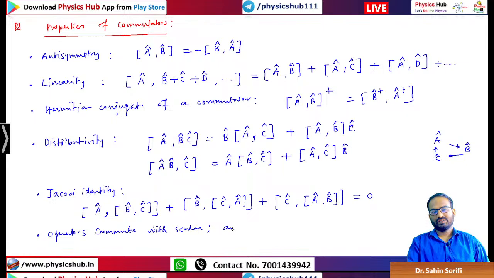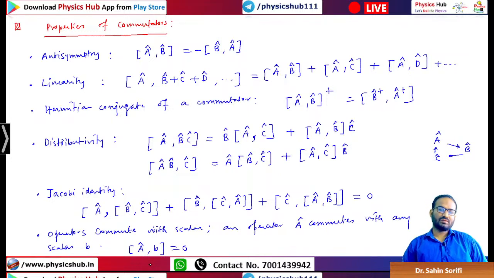Let's say an operator A commutes with any scalar B. B is a scalar, so we are not keeping a hat on that. So the commutator of A, B is equal to 0.